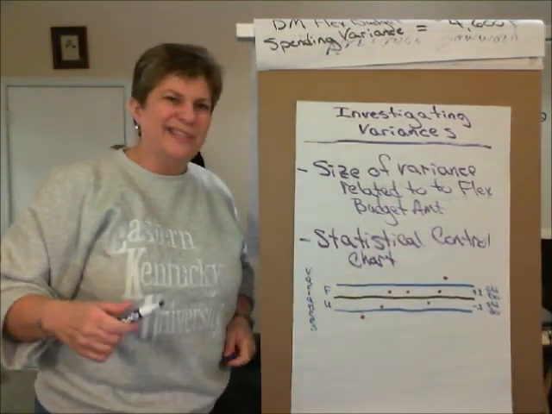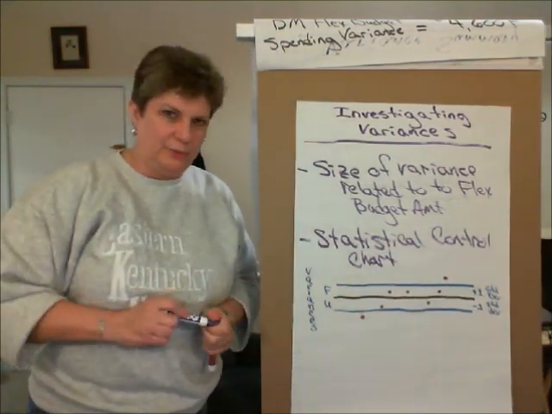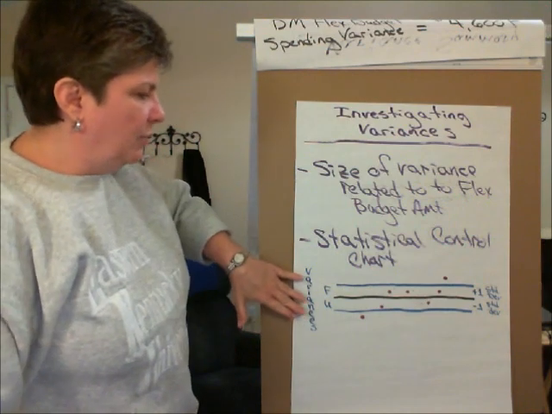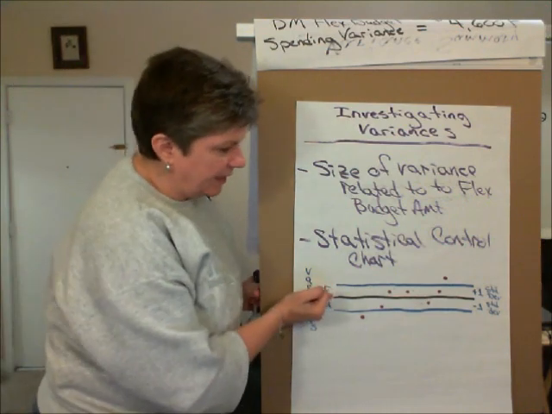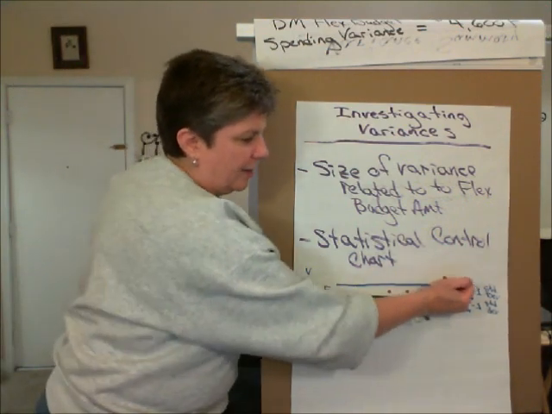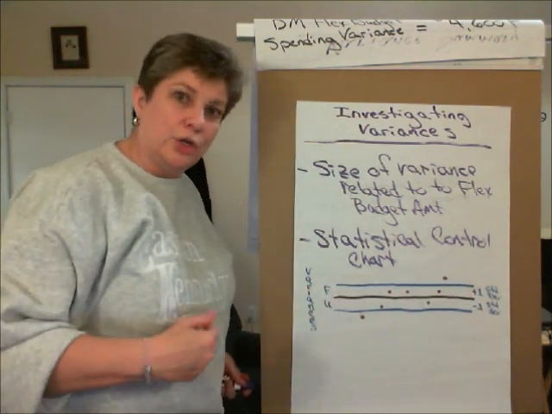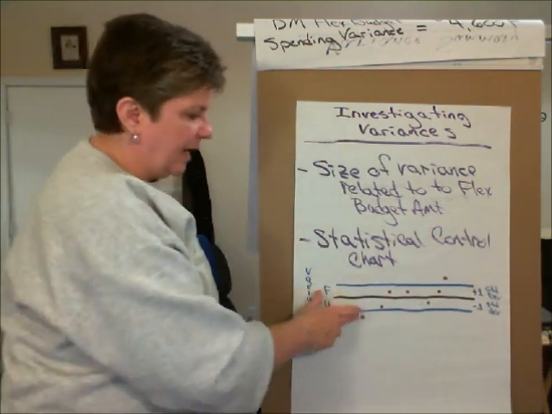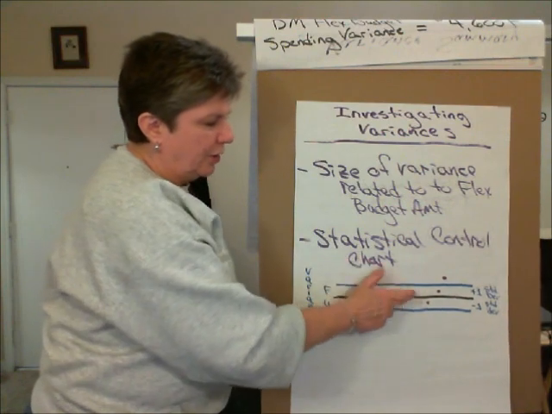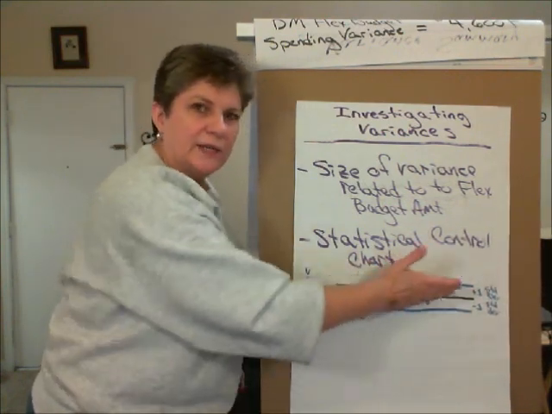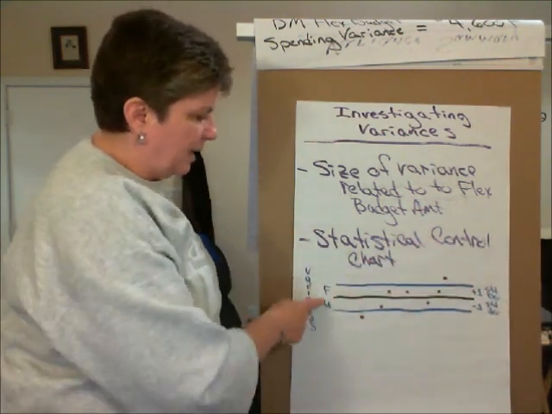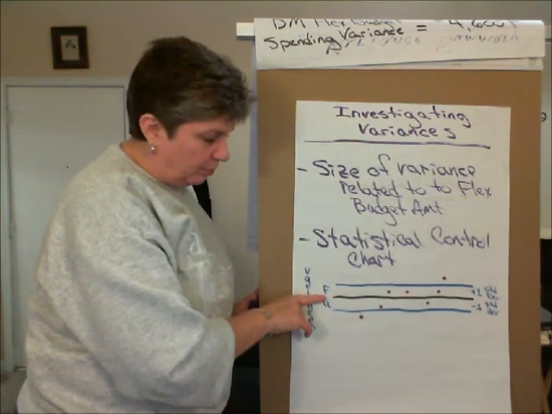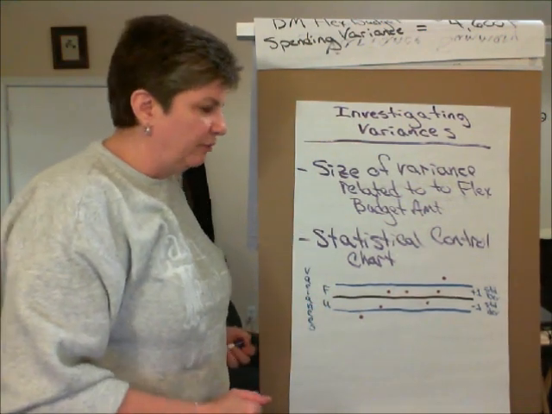And without going into too much detail about what's behind this, what we've got here is a line that represents the cost that should be incurred. And then these dots are the variances relative to that line. Above the line, favorable; below the line, unfavorable variances.